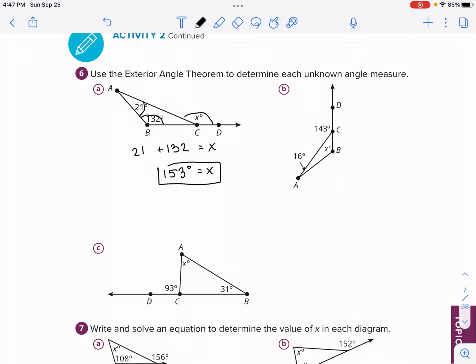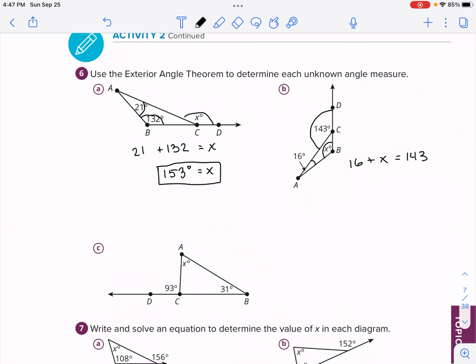So we're kind of bringing back your understanding of solving equations from other grades. Okay, let's go to B. It's saying this angle plus this angle is equal to this angle. So let's write the first two interior ones. That is 16 plus the other one we don't know, x, is equal to 143.